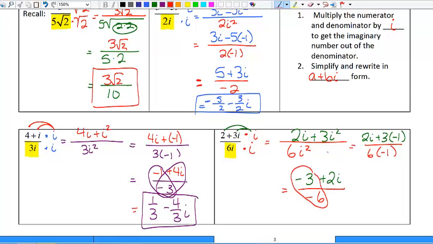I need to split it up, so that gets me negative 3 over negative 6, which I'll reduce in a minute, plus 2 over negative 6i. Now this truly is a real part plus or minus an imaginary part. The real part reduces to a half. Positive 2 divided by negative 6 is negative 1/3 i. And that is my answer in a plus bi form.